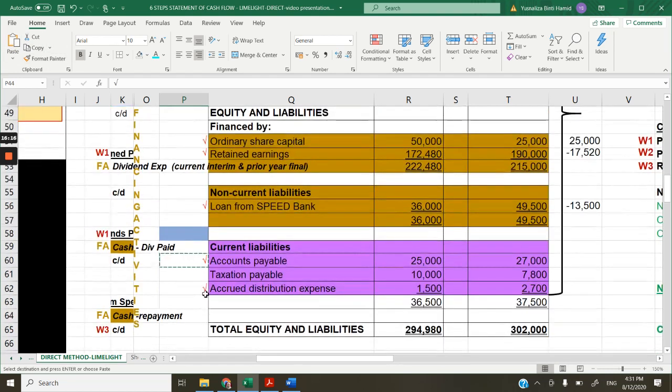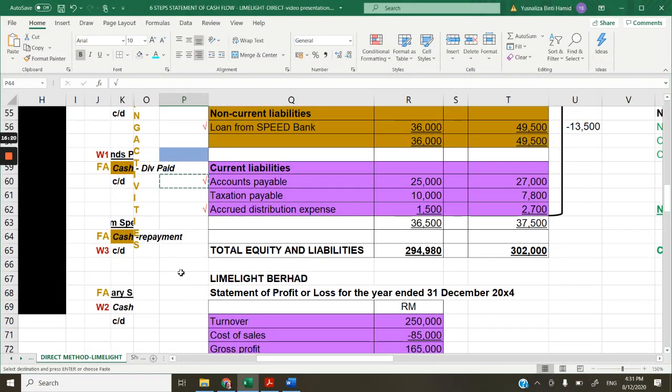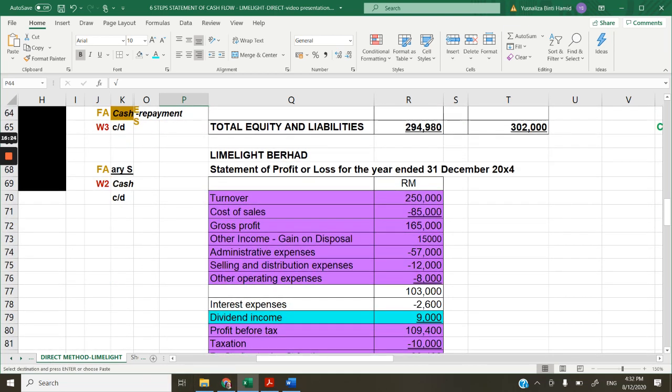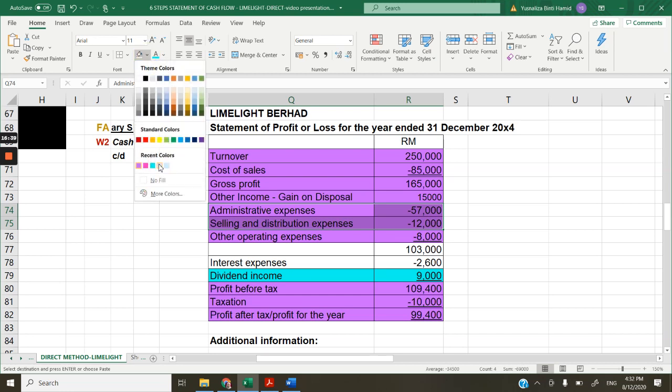Okay, we are almost done actually. Then after that, what you need to do is to go and check your statement of profit or loss. If you see here, you can see that there is some information regarding admin expenses and distribution expenses.